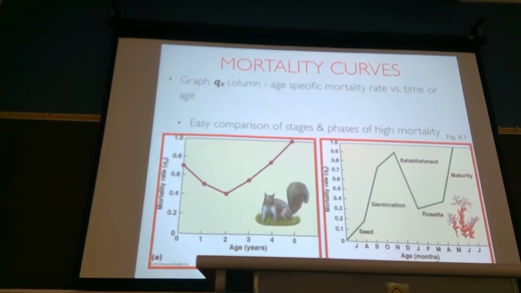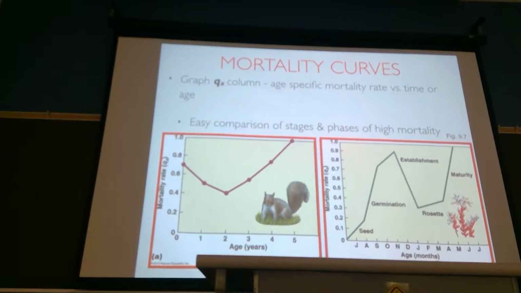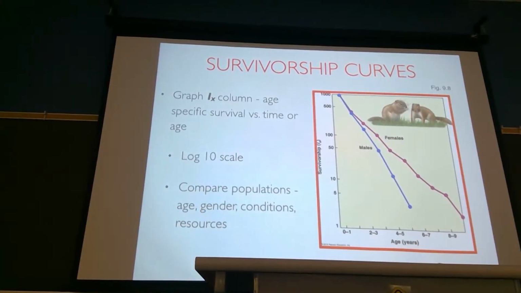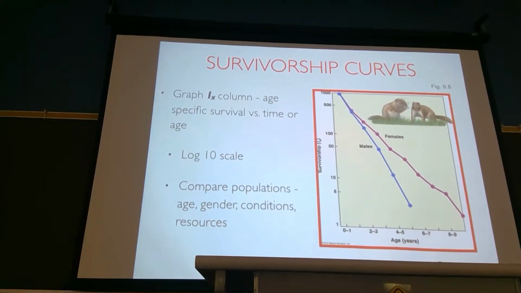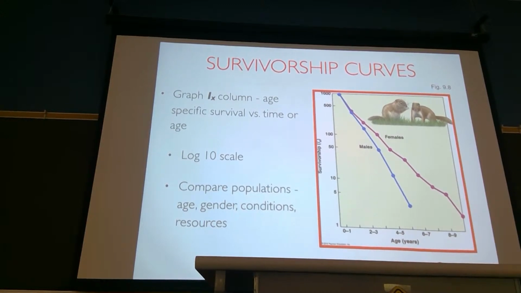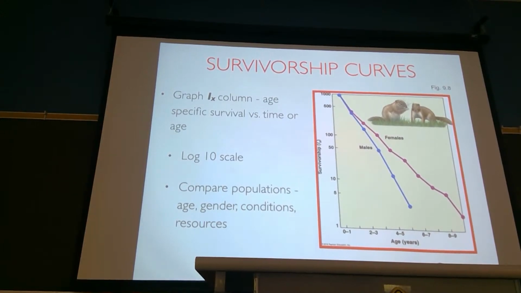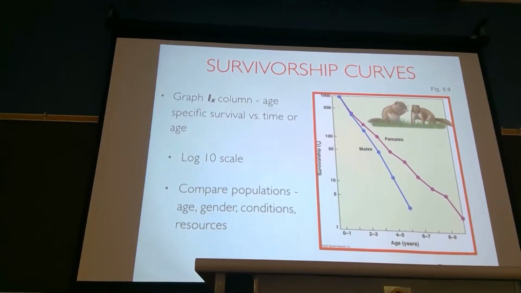Just as you can create a mortality curve by graphing the age-specific mortality, you can graph the survivorship in what we call a survivorship curve. If you graph the lx column, the age-specific survival rate versus time or age, you can compare what's happening in a population, either by age or gender, in terms of survivorship, and then do this type of population growth analysis.